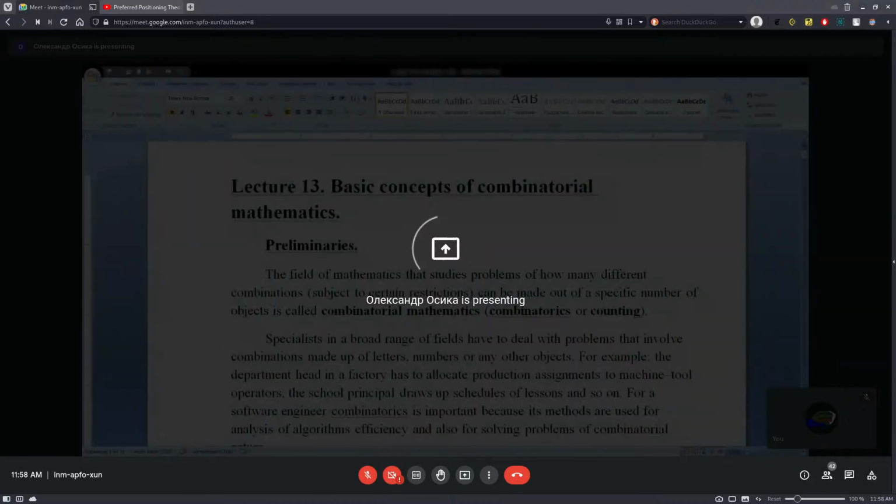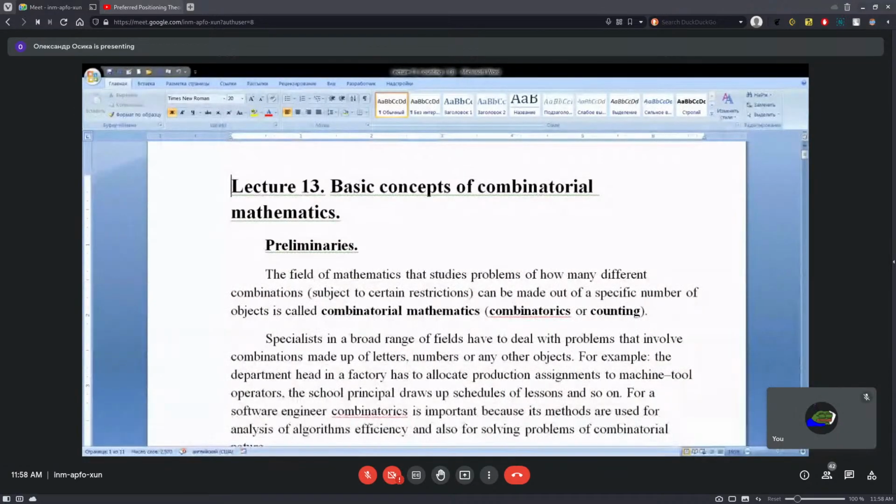Now, group 4 and 5, do you see lecture 13? Yes. Great.